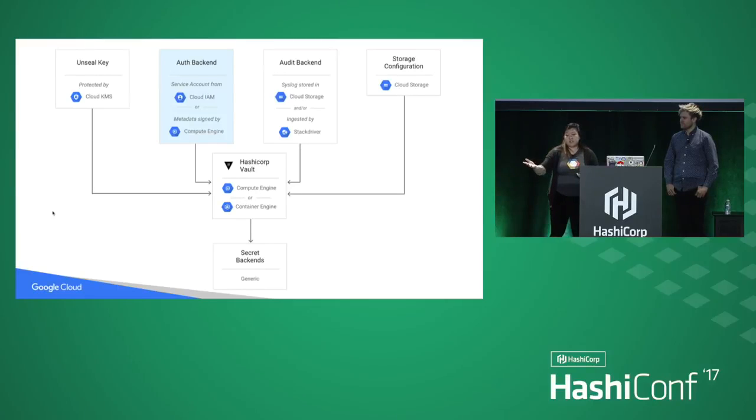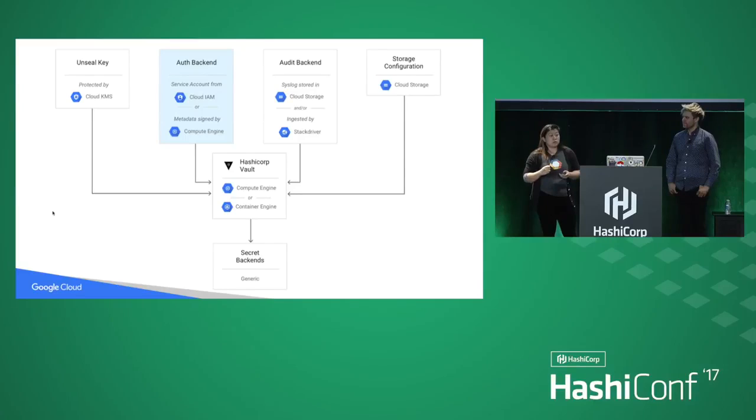And finally, the auth backend. So we've released this backend with two authentication methods. The first one came out a couple weeks ago, and it allows you to authenticate to Vault using a self-signed or system-signed IAM service account JWT, or JSON Web Token.